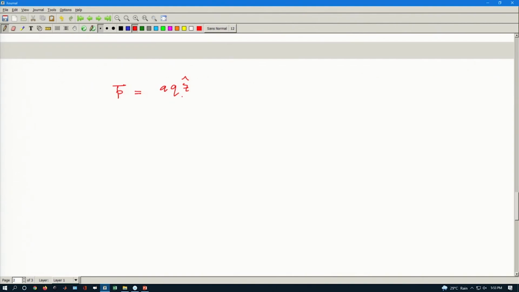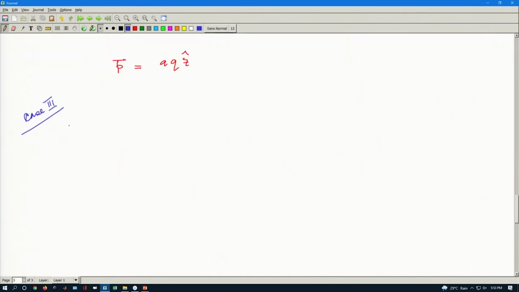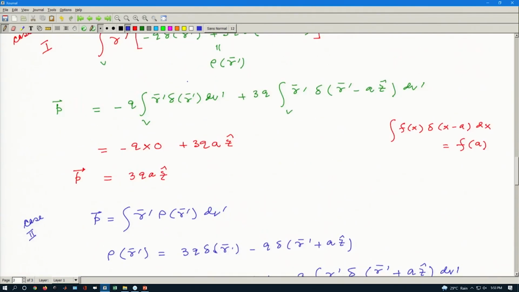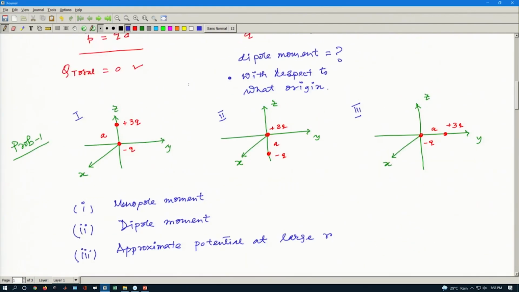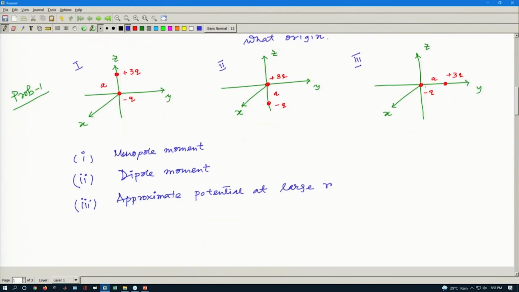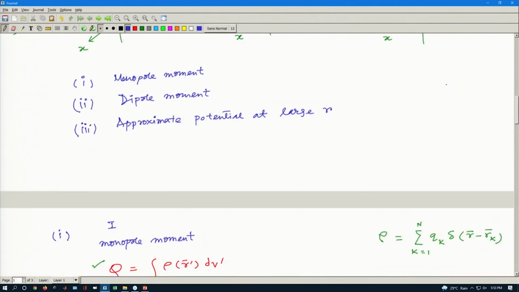So, let us do the calculation for case 3. For case 3, let us first define rho. Rho r prime for case 3 is, if I go back here, so this is a, minus q sitting at the origin, and 3q sitting on the y axis.